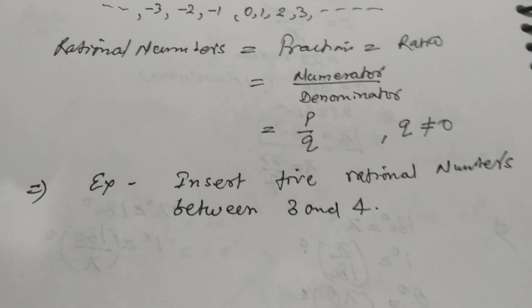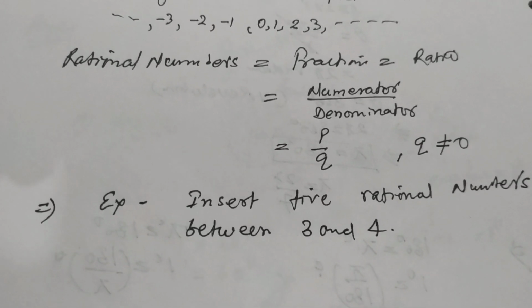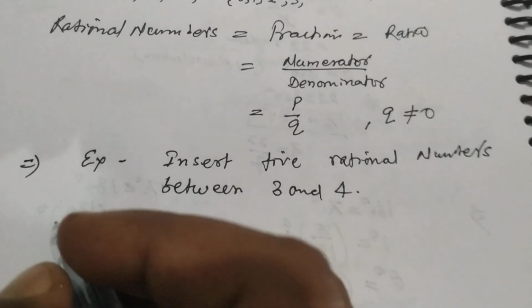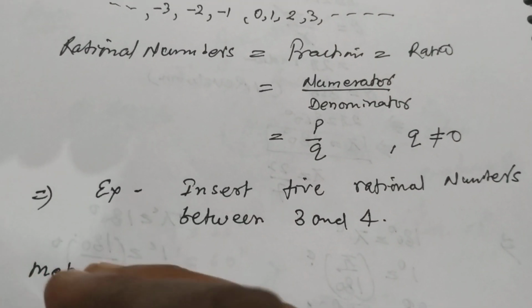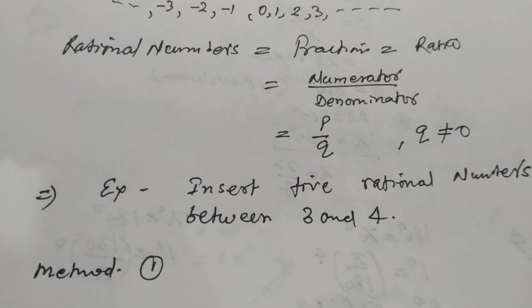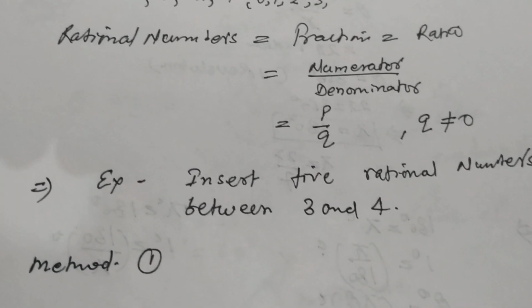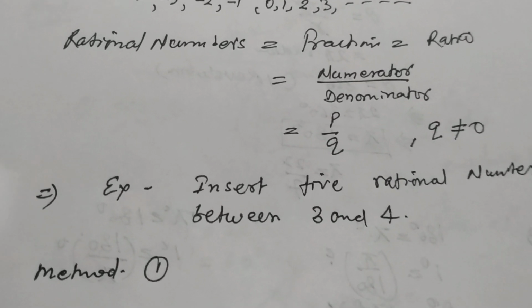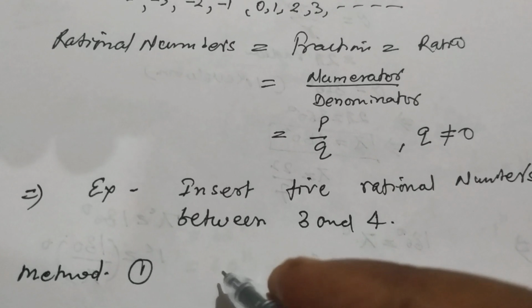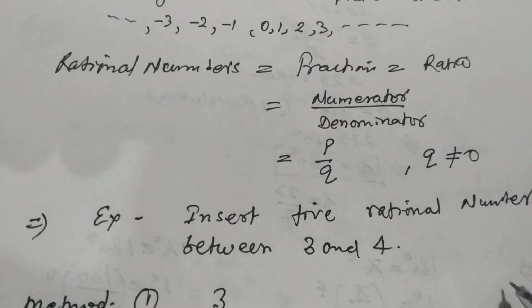There are two methods to insert a rational number between any two numbers. That is method number 1. We know that there are infinite rational numbers between 3 and 4. That is 3 and that is 4.